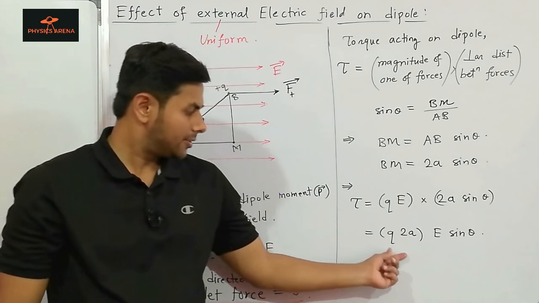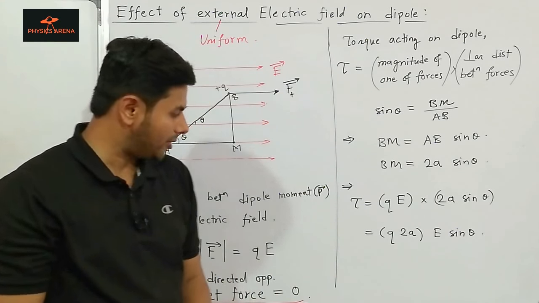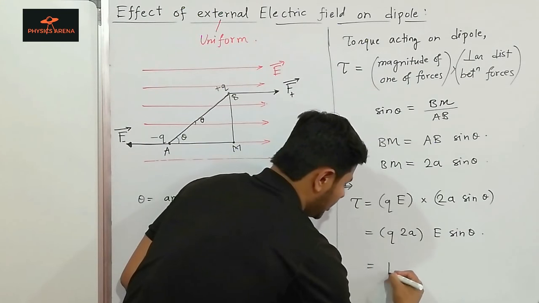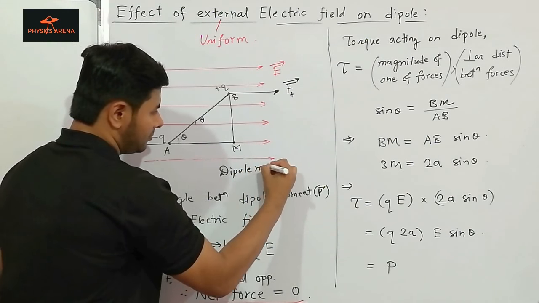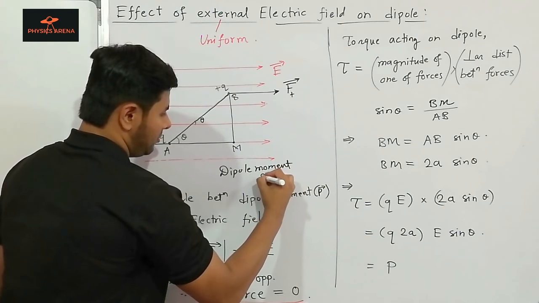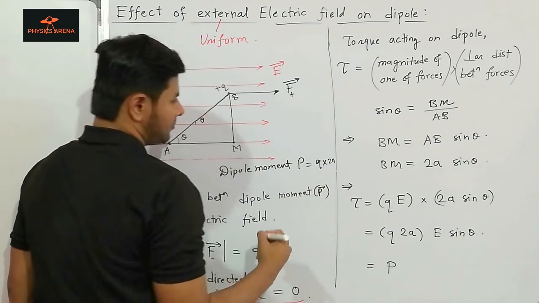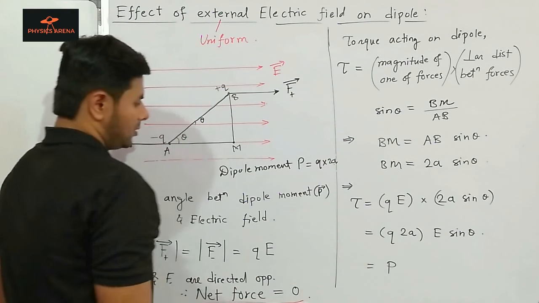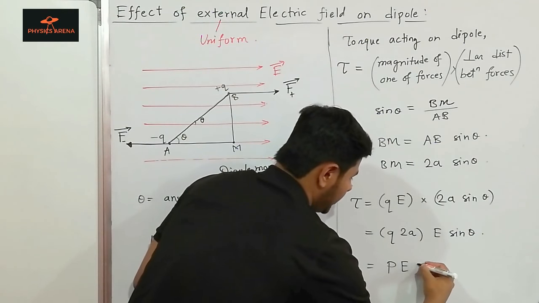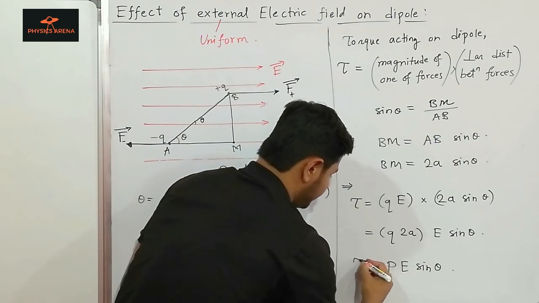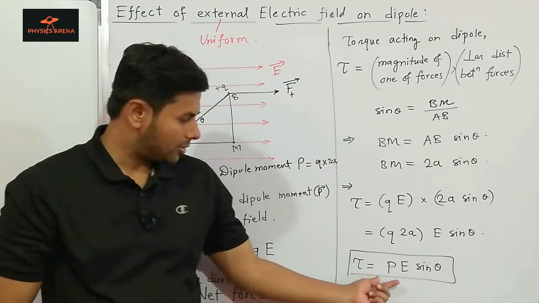Now you know that this is the magnitude of the electric dipole moment. So let's substitute P for it. The dipole moment P equals Q into 2A. So we have P into E multiplied by sine theta. So this is the magnitude of the torque.